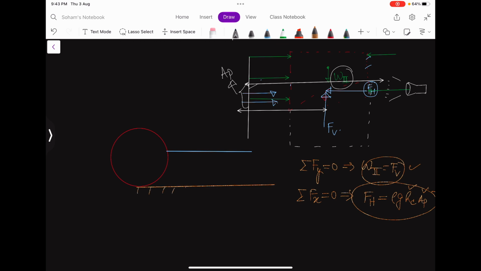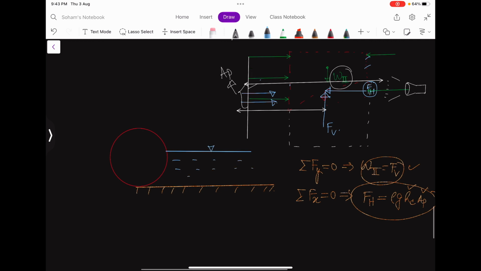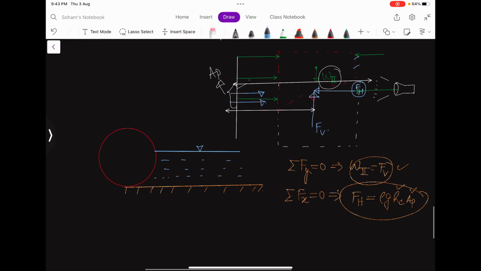So this is the floor, and this is the free surface. Here I have water, and this is a gate, not your examination but the actual gate holding the water. Let us say that the gate is hinged about this point.